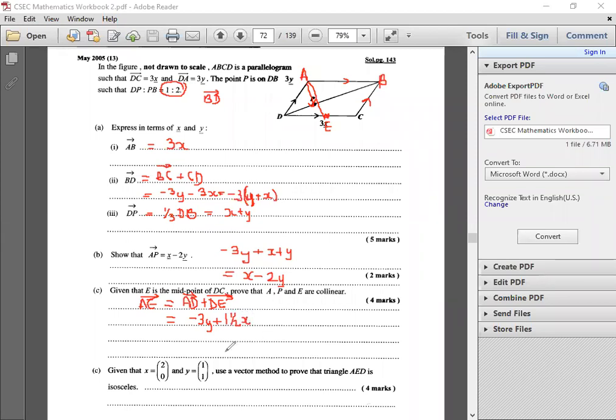All right. Factorize this. As I said, I would rather put this as 1.5x minus 3y. And when I factorize this, I am going to get 1.5 into x minus 2y.